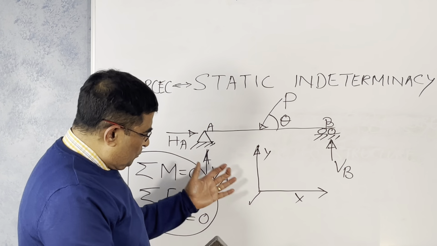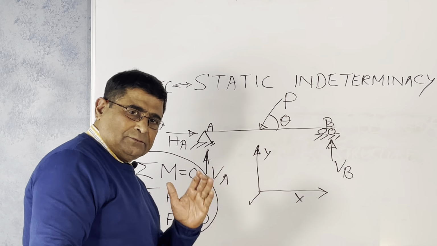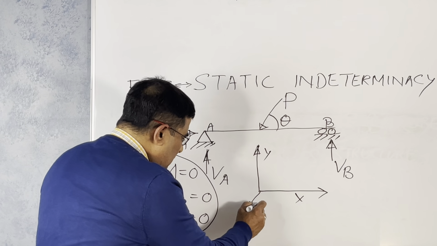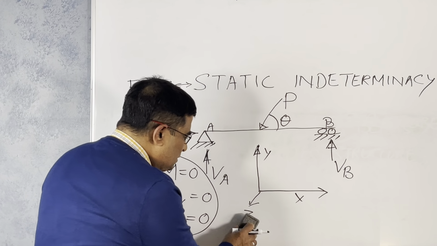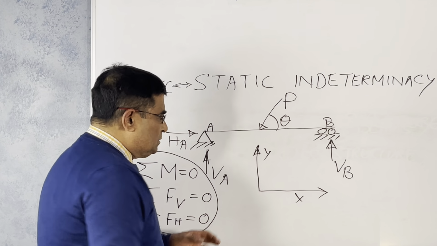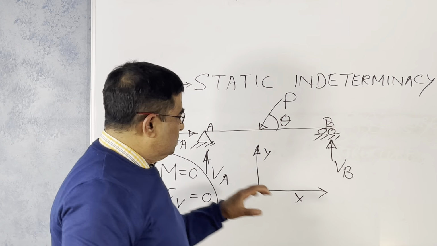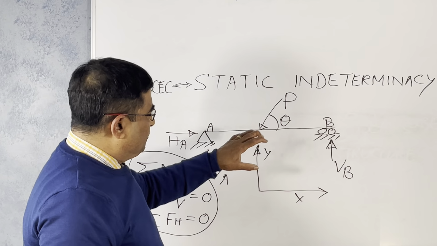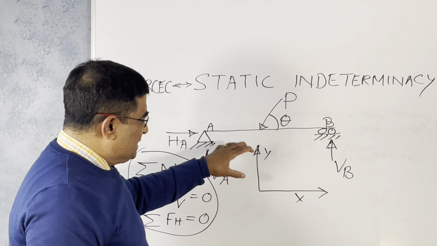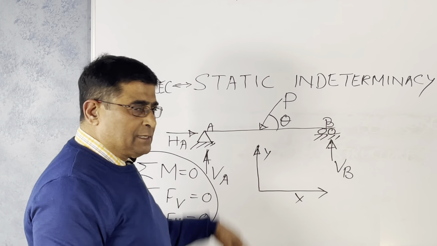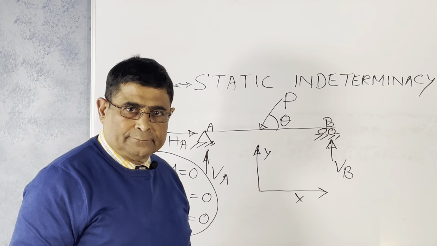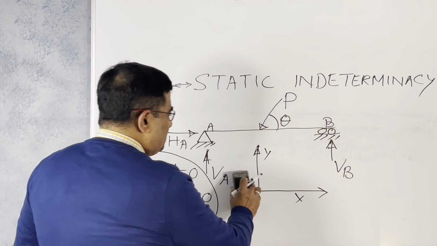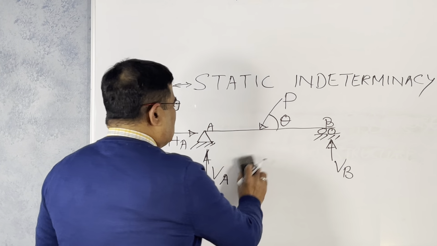You can see you do not have anything in this direction. So this z-axis is not there. So it is the xy plane only. So plane frames, plane trusses, beams, etc. all have two dimensions, x and y. Got it? So that is the reason.